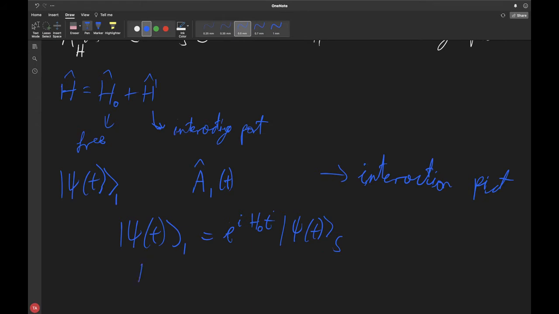And the operators A in the interaction picture at time t we get by taking the exponential of i H0 t, this should be an operator, and then we have the A from the Schrödinger picture, and we have the same thing conjugated, so we had e to the minus i H0 t.